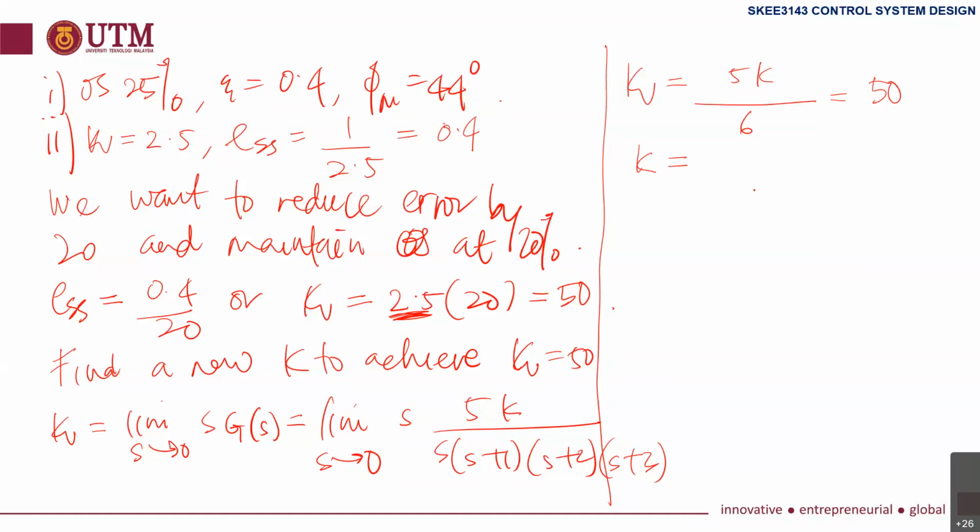Okay, of course 60. The 5 and 50 can become 10, so 60. So K is 60. In order to obtain Kv 50, K should be 60. Initially, K equal to 6.4 was used.